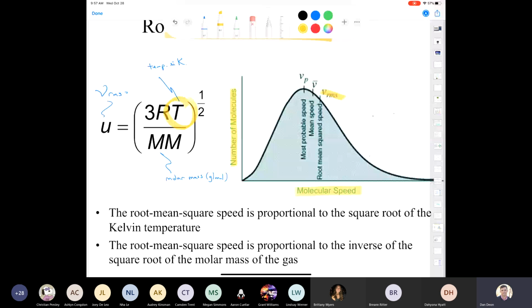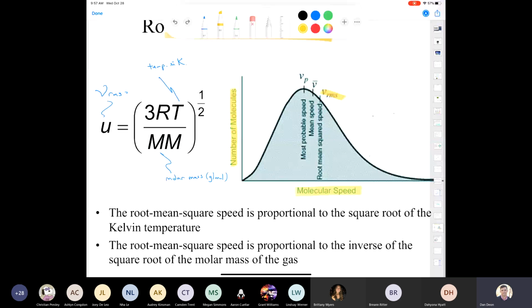You can also see that the root mean square speed is inversely proportional to molar mass. What does that tell us? It tells us that the heavier the gas, the slower it's going to move. The lighter the gas, the faster it's going to move. So that's root mean square speed.